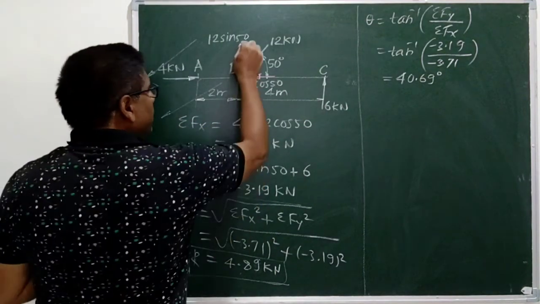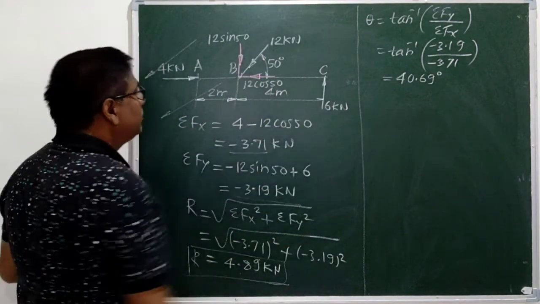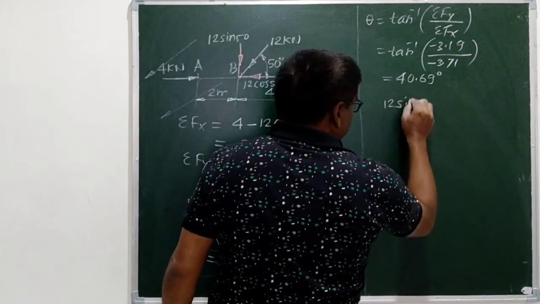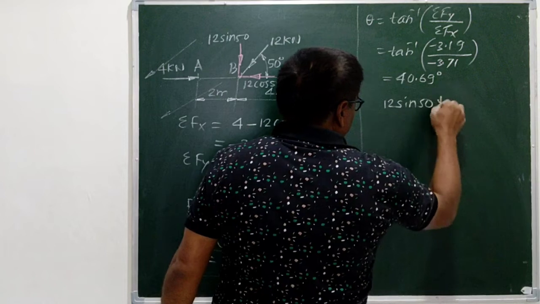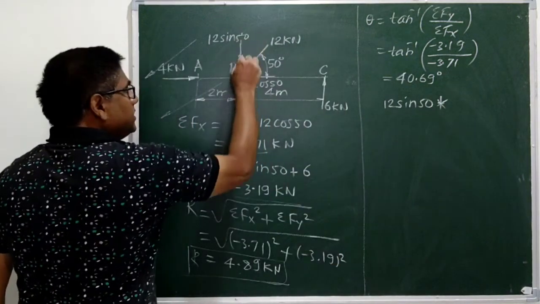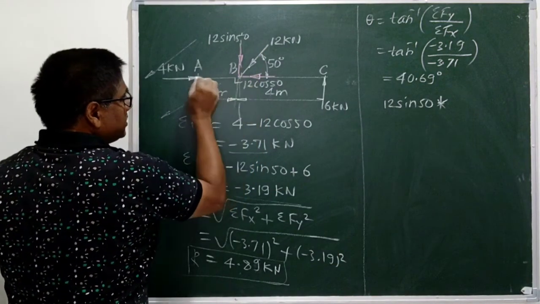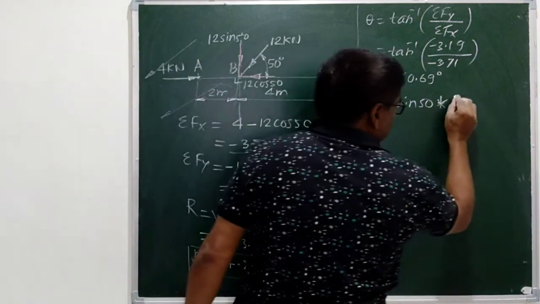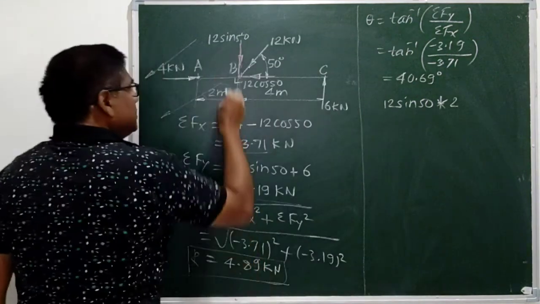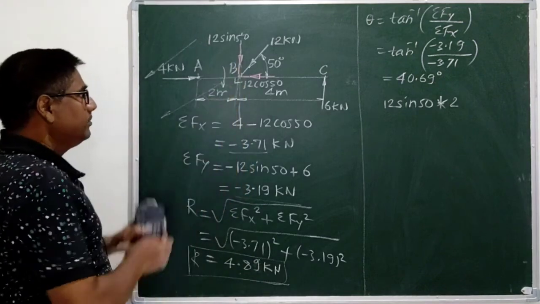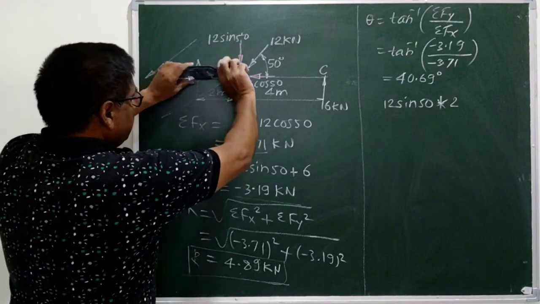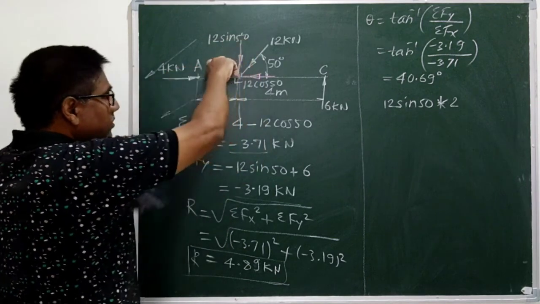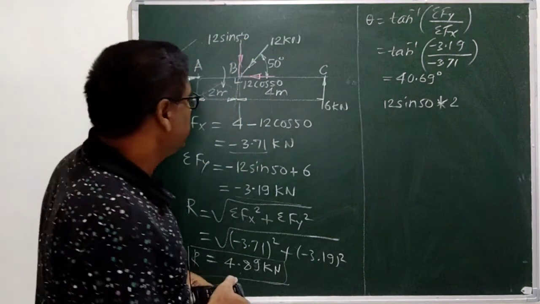Just we have to take moment of these two vertical forces, 12 sin 50 into perpendicular distance between point and line of action of force, which is 2 meters. Now this is producing clockwise moment, because if you keep this point A fixed and apply downward force, it will try to rotate object in clockwise direction.